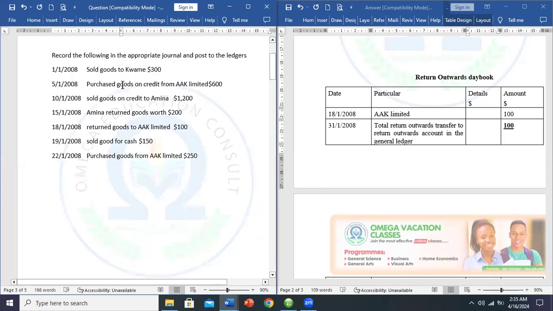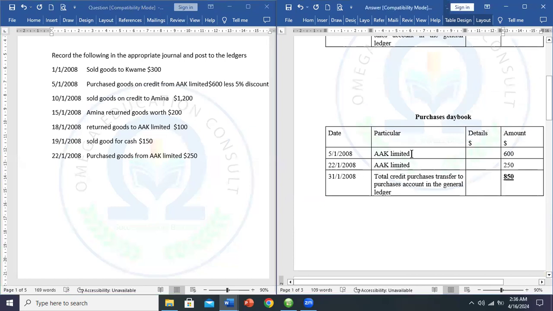So let me come here. Okay, so purchased goods on credit from AAK Limited 600, and let's say less 5% discount. Normally that's how it is given in the question, less 5% discount, or the invoice was at a discount of 5%. So look at how it would be dealt with in the purchases journal. This is AAK. So this 600 cedis, they are telling us that we should reduce it by a discount of 5%.